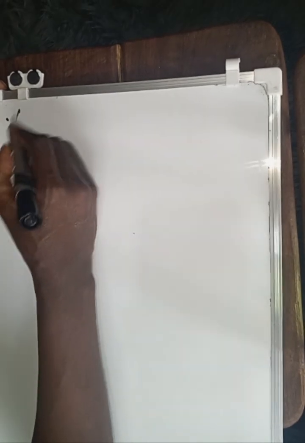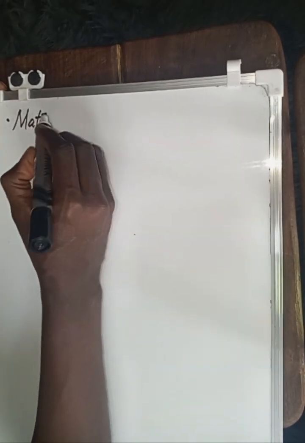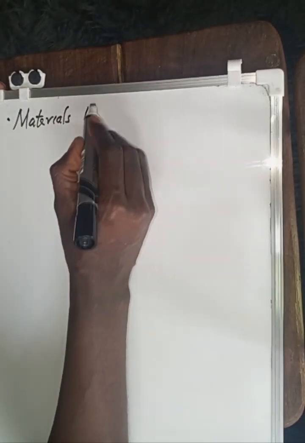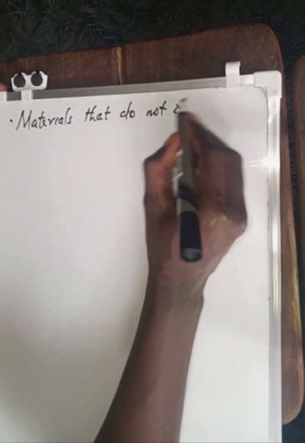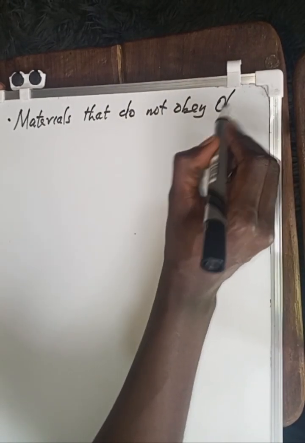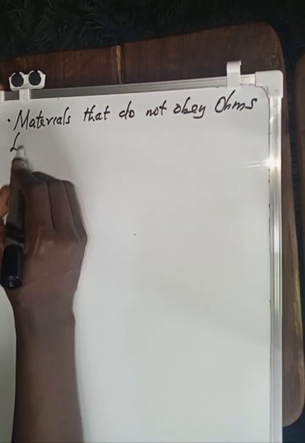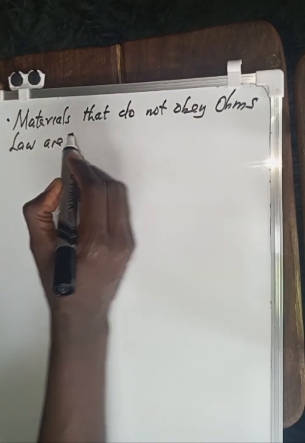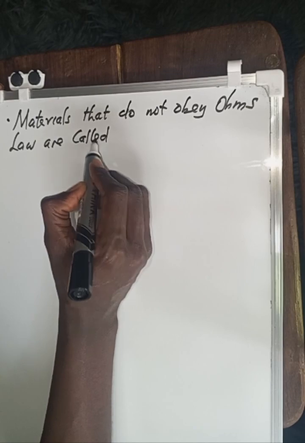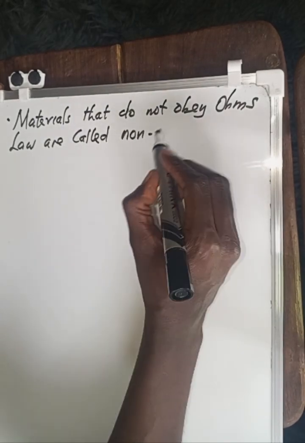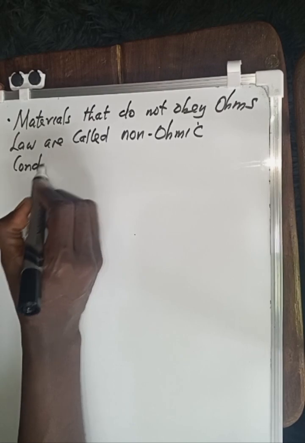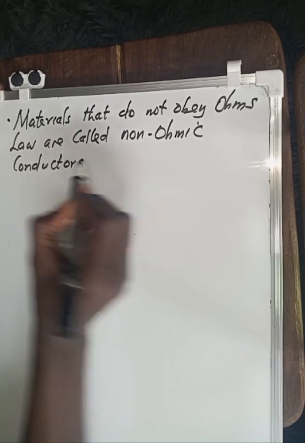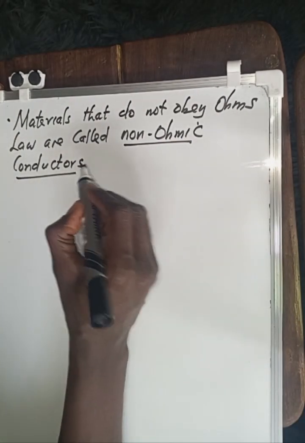We can say that materials that do not obey Ohm's law are called non-ohmic. So we call them non-ohmic conductors.